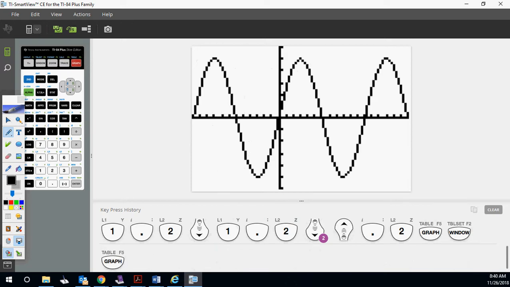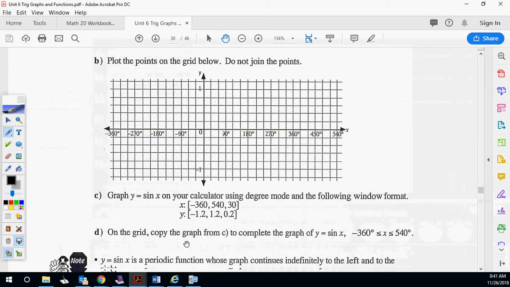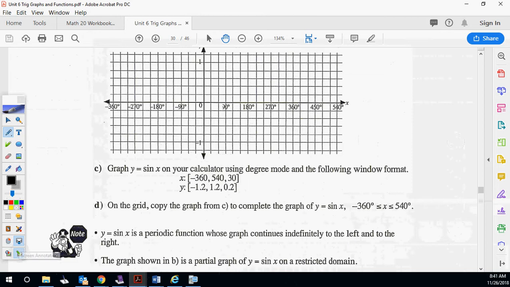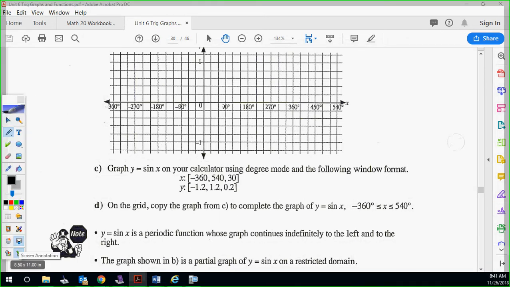Okay, it says on the grid, copy the graph that you see all the way through. So we're just pretty much copying this picture onto our picture now. So you can just finish the sketch that we already started. So we can go ahead and do that now. Okay, so we know we are here.